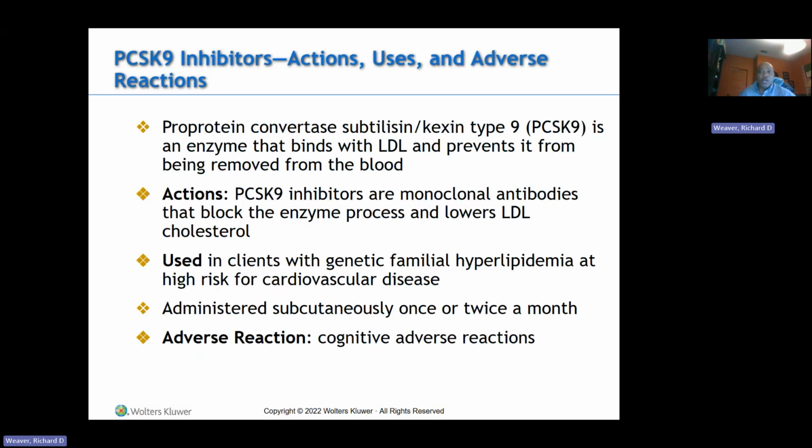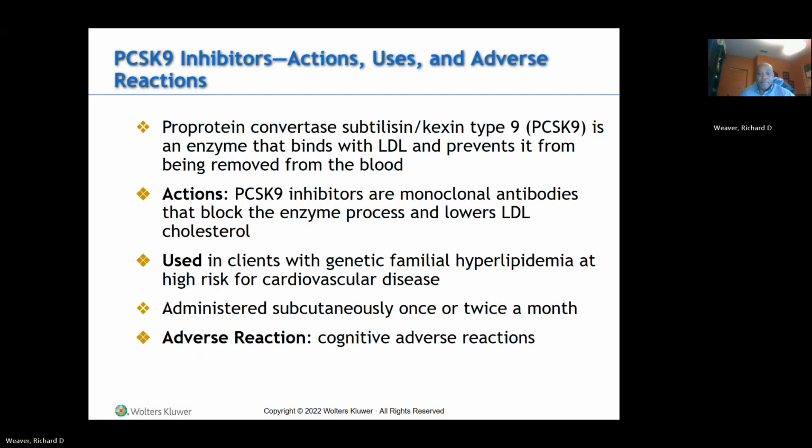They're just high risk. So if they have a familial history, you have folks in the family who have the high risk for developing high blood lipid levels, as well as those who are high risk of cardiovascular disease, this drug would be appropriate for that patient population. All right, and again, we're talking about the inhibitor.